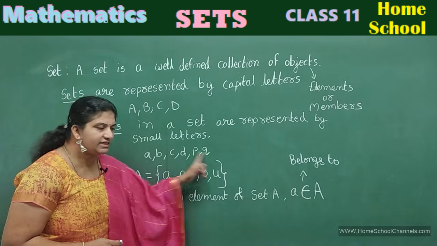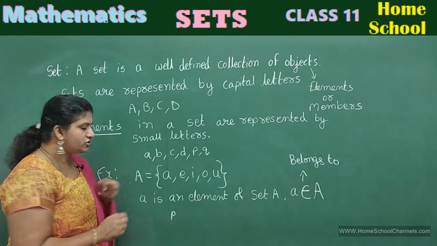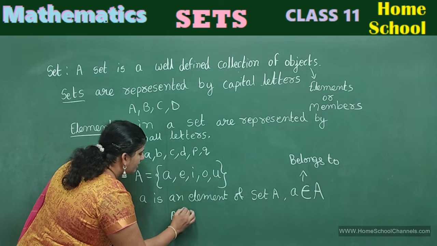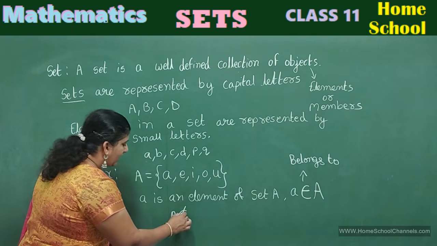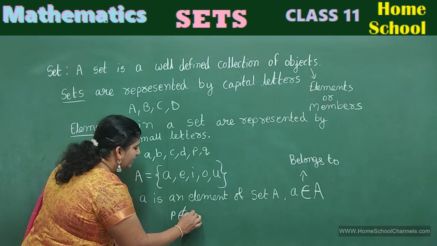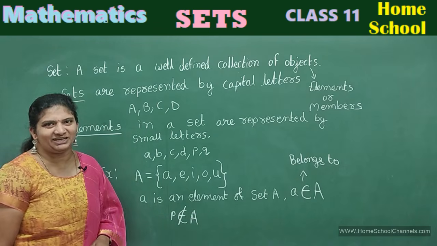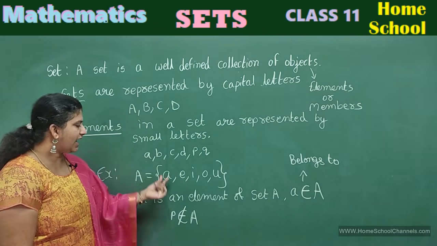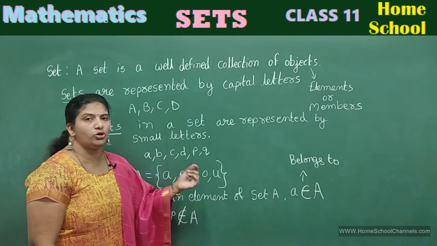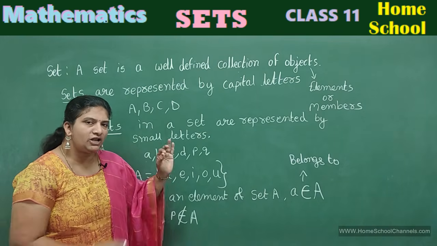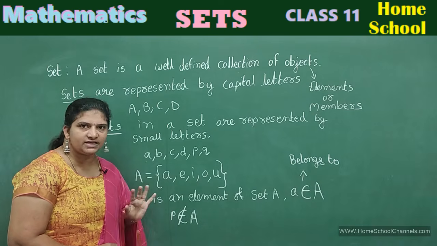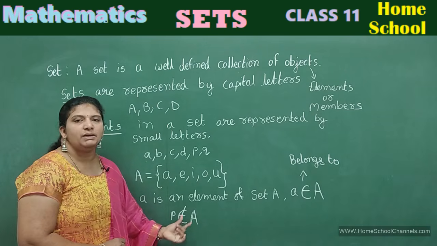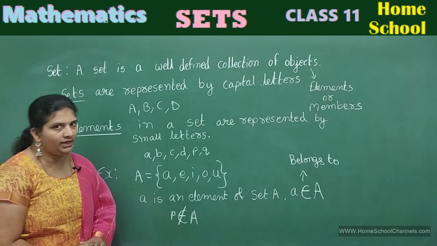Is p present in this set? Not there. So what do you write? p is not an element of set A. I can directly write it as p does not belong to capital A. Whereas a, e, i, o, u, all these elements belong to the set A, p is not there in this set. So I say p does not belong to capital A.